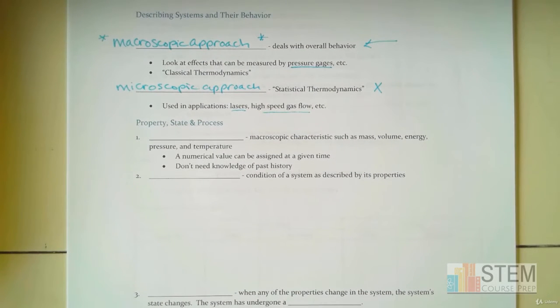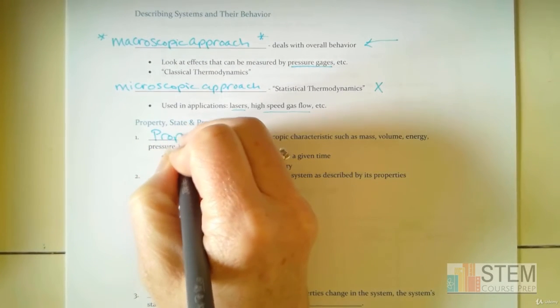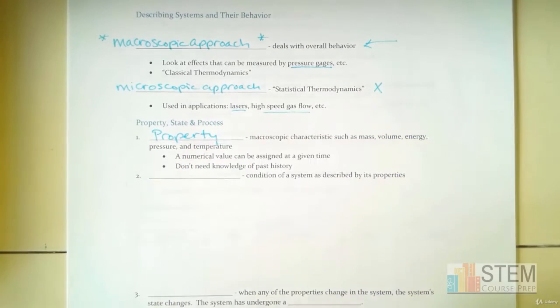So next, let's talk about property, state, and process. When we talk about a property, we are talking about a macroscopic characteristic like mass, volume, temperature, for example. Those are all properties. With those properties, we can assign a numerical value at a specified time.